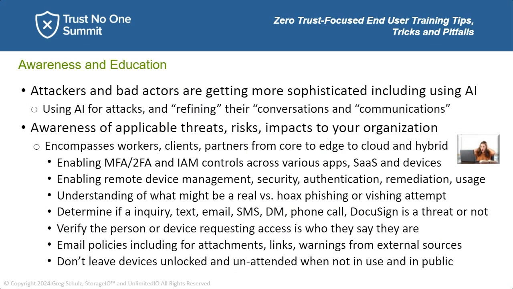It used to be, and I used to comment on this all the time, that until the attackers learn how to use a spell check, a grammar check, you could detect something just by looking at that. It was usually a tip-off that something was bad. Likewise, looking at a URL and saying, this is obviously bad.